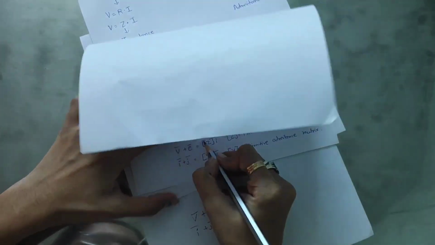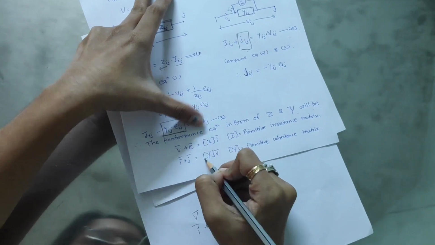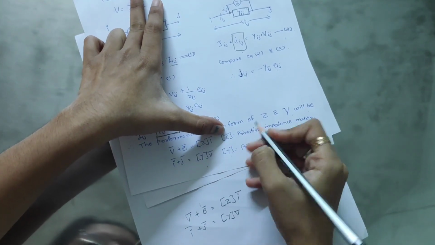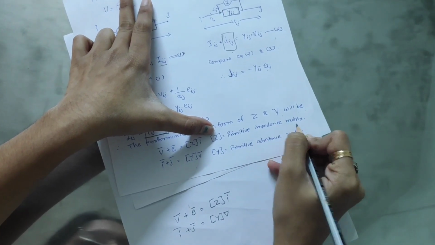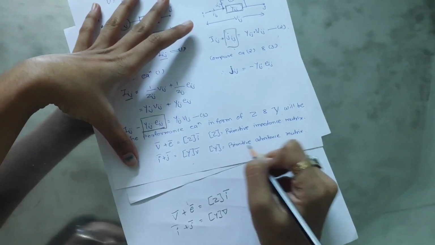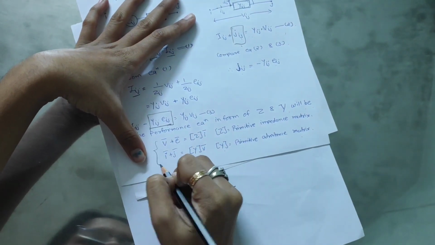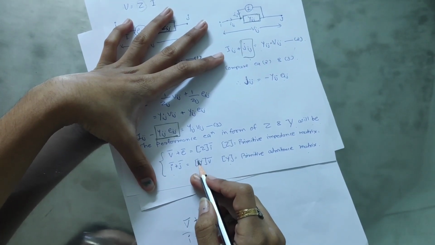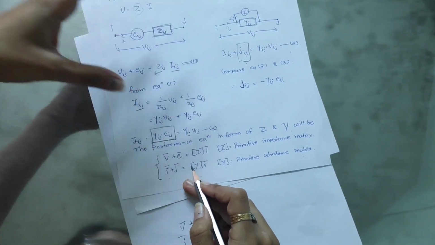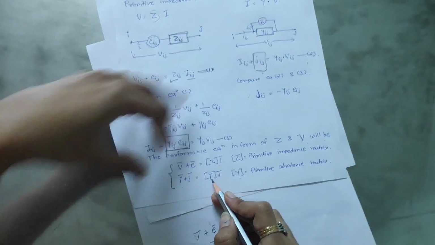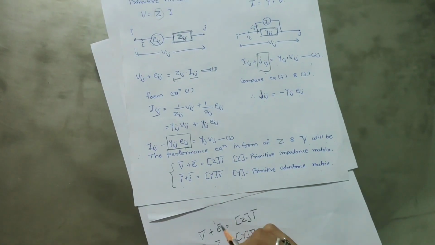Here we can represent Z and Y in the form of matrices: Z is the primitive impedance matrix and Y is the primitive admittance matrix. By these two equations, we can analyze any number of systems by the primitive networks and analyze their characteristics. Thank you.